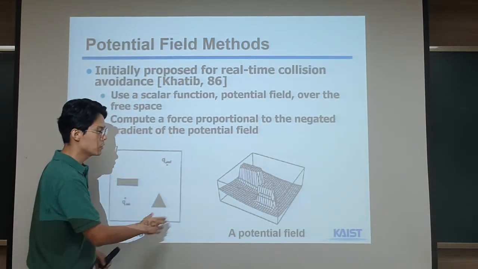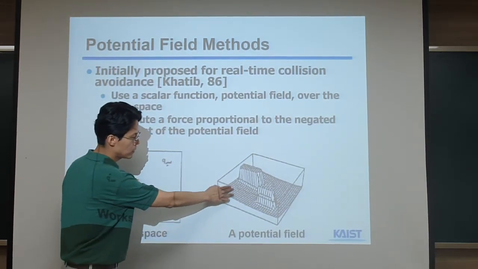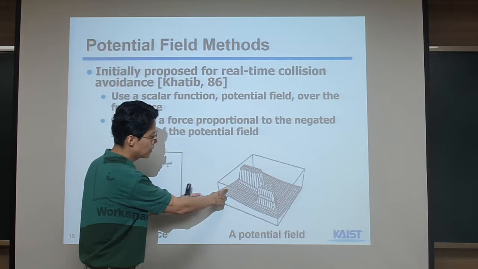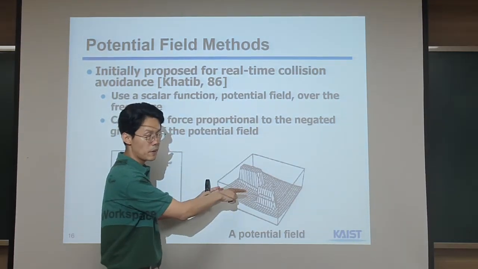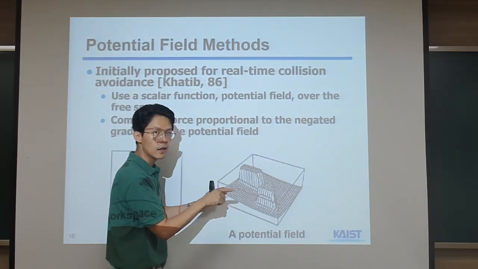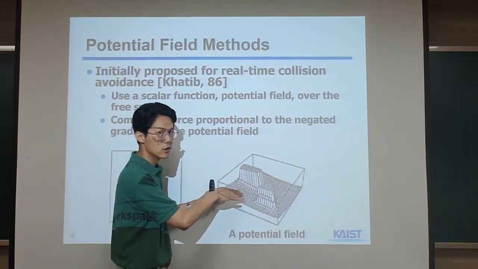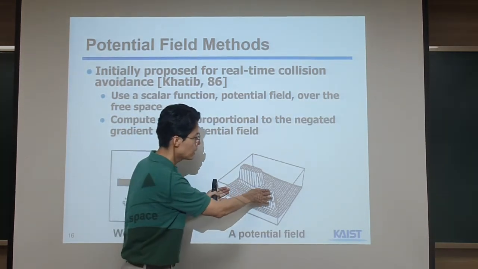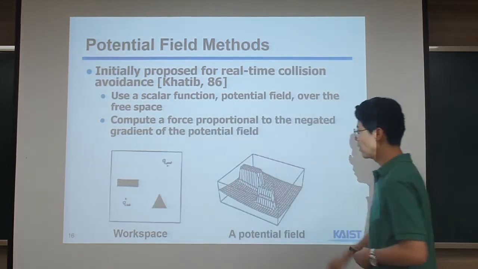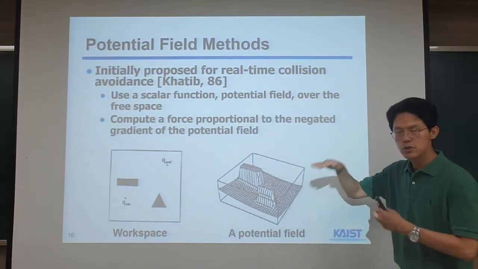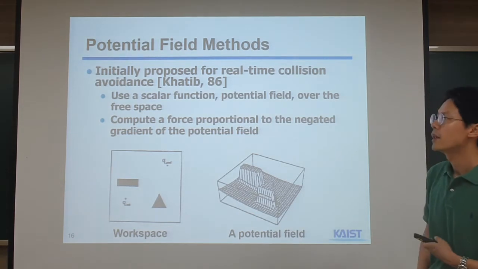And then we also have a higher value here, probably starting here, and then to find the path, we look at the neighboring cells, and then we follow the cell that has a lower energy, lower potential. We keep doing that so that we can reach the goal. So basically, at the goal, we should have the lowest potential.